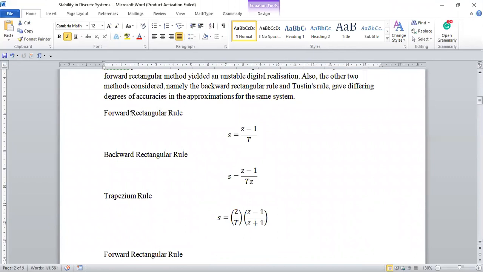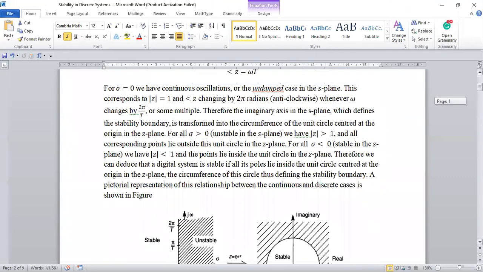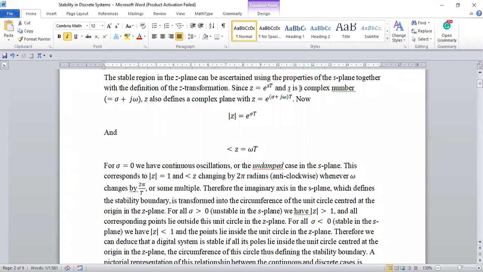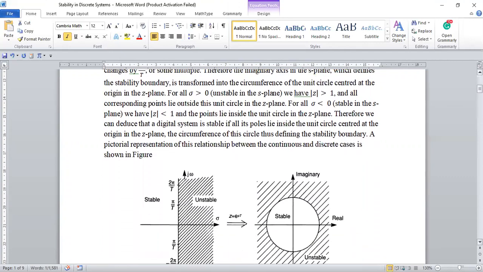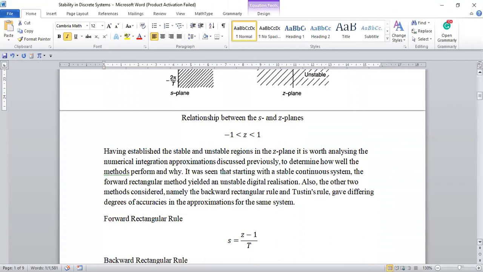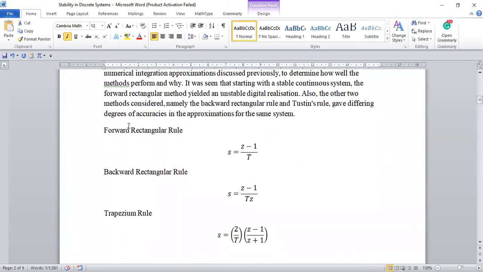Remember that this relationship up here, z is equal to exponential sT, is the exact transformation. But in that lecture, if you go back to that particular lecture, we approximated the relationship between the S-plane and the Z-plane using the forward rectangular rule.